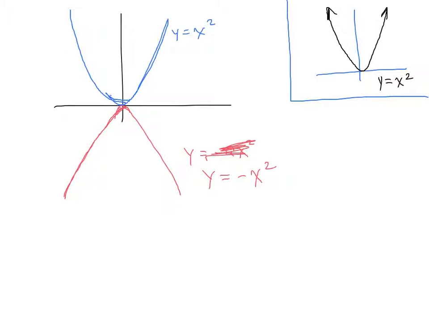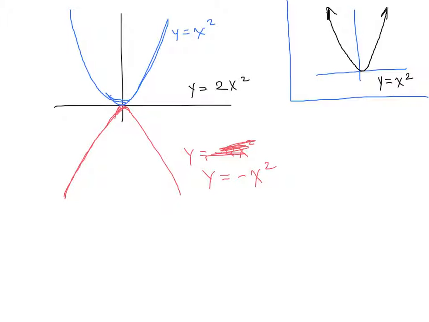All right, let's do another thing here. Let's talk about what a number, let's say a number greater than 1, what would that do to the graph? So let's say y equals 2x squared. All right, if I have y equals 2x squared, this graph is going to be climbing twice as fast.